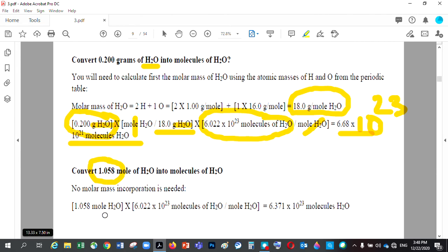So just take this one here, multiply it by Avogadro's number. The mole H2O cancels out. And this is your answer, number of molecules of H2O. Again, here you have to observe the significant figures. We have 4 sig figs here, so my answer has to have 4 sig figs as well.